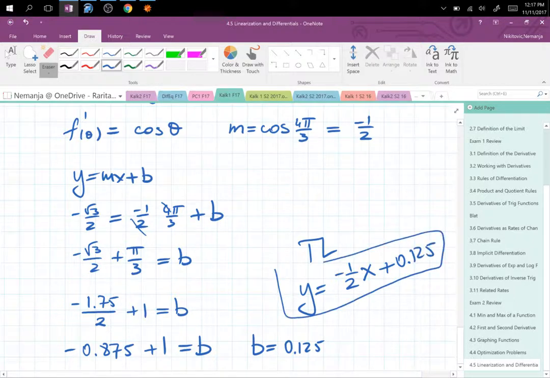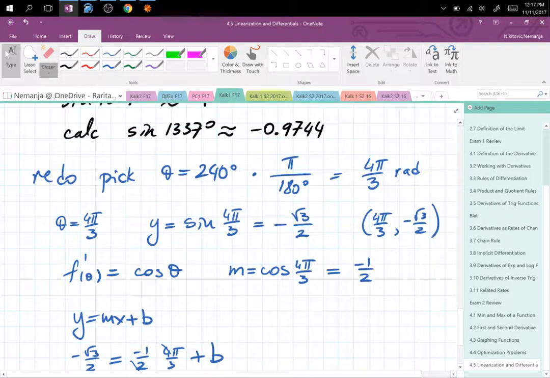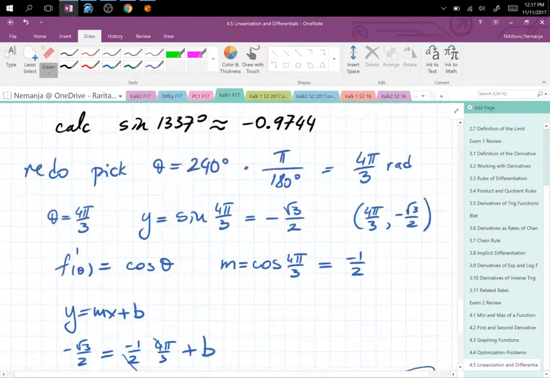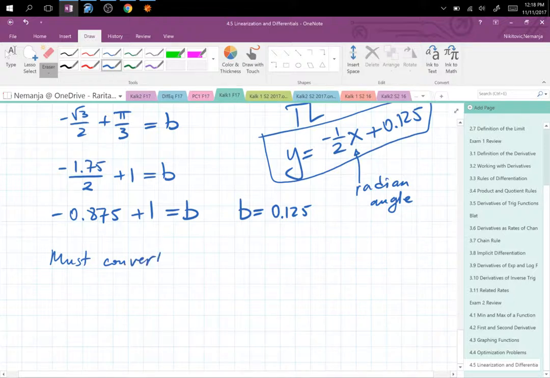Now, the issue with this is that you have to plug in a radian angle. And your angle is 257. So now, in order to use this, we must convert 257 degrees into radians, which is 180 degrees and a pi on top.